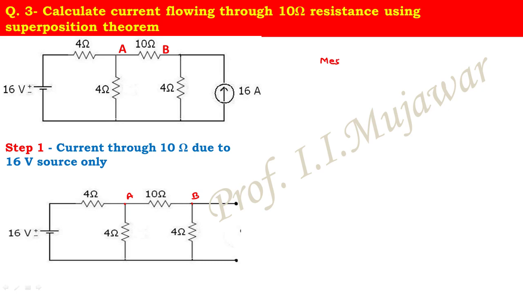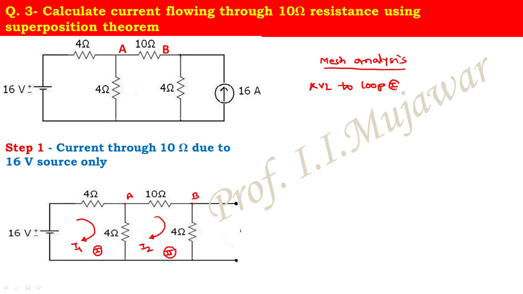Using mesh analysis, so you can use either method. So there are two loops. So this is loop 1, this is say loop 2. If I take the loop current directions like this one, with the loop current say I1 and I2, then I will apply KVL to loop 1.